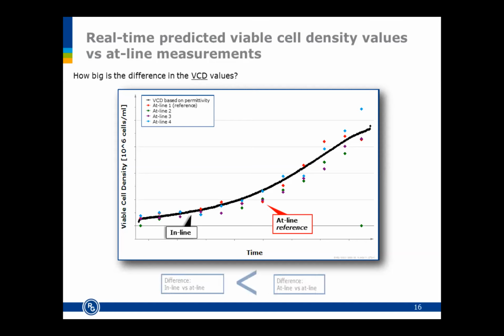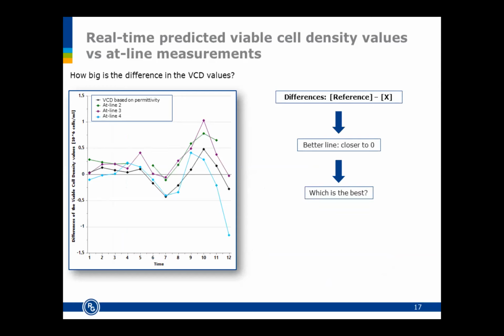This means that the difference between the predicted values and the at-line measurements is almost always smaller than the difference between the different types of at-line measurements. So it suggests that our real-time model can provide higher accuracy than the at-line measurements.